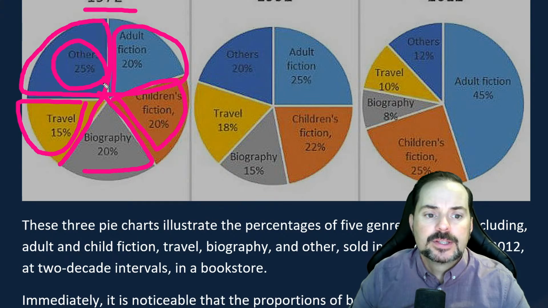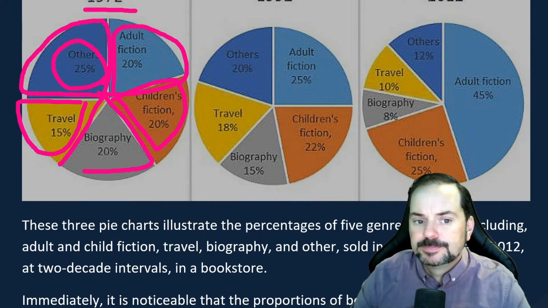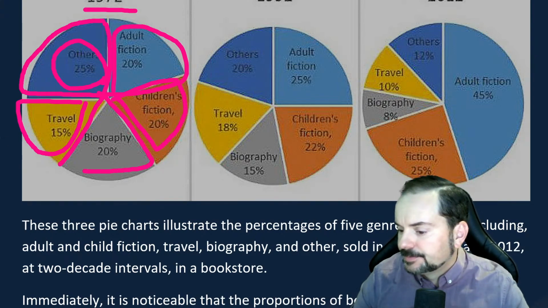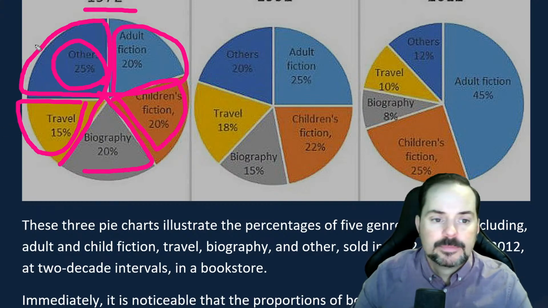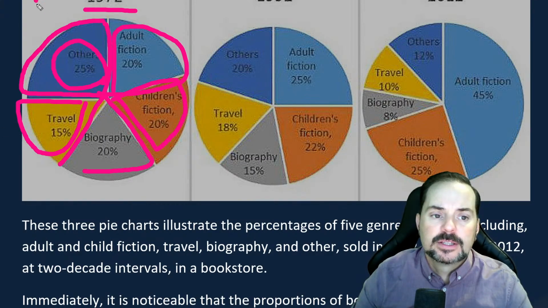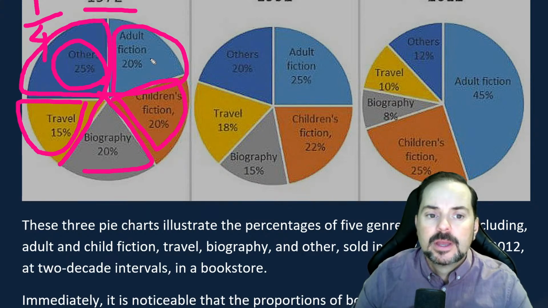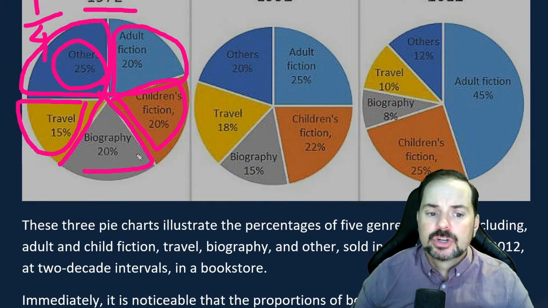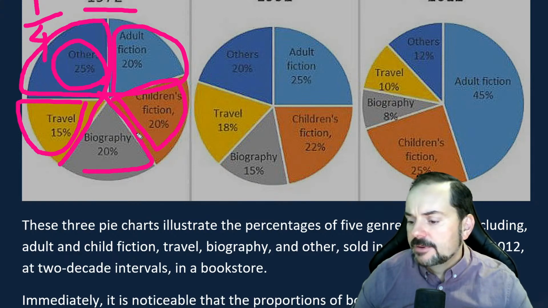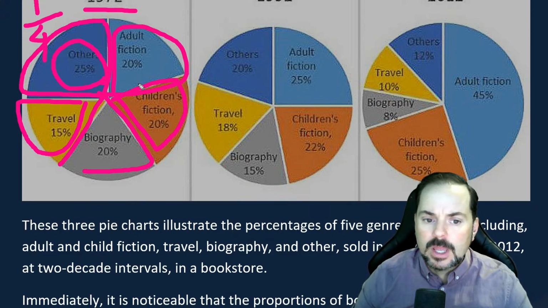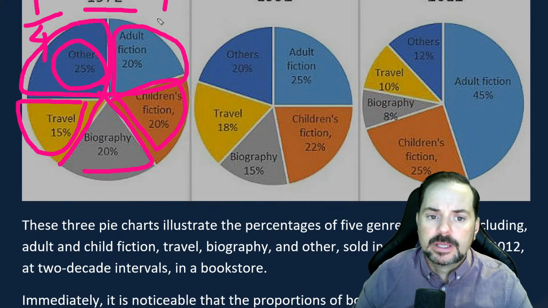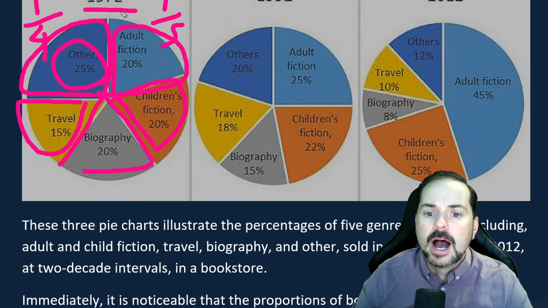What's another way to say 25%? 25% is also known as a quarter. Yeah, very good, Nancy. 20% would be a fifth.